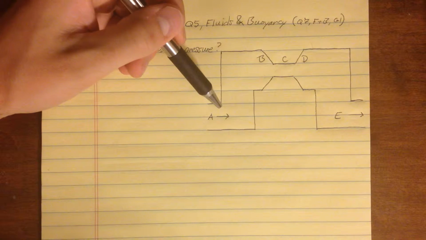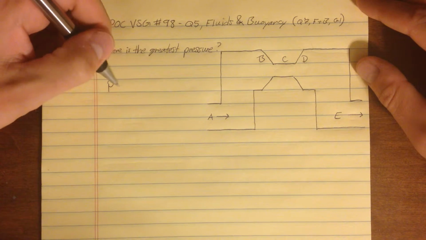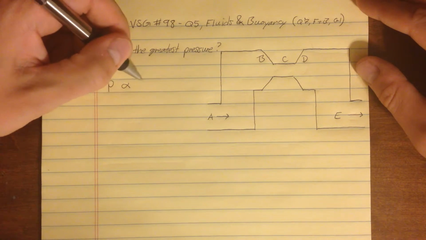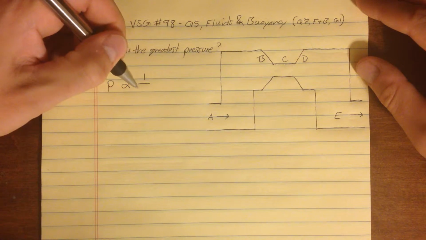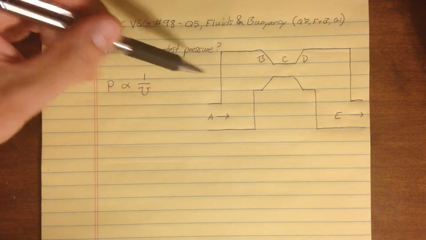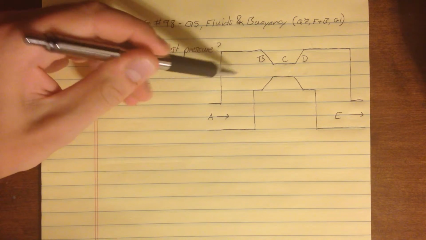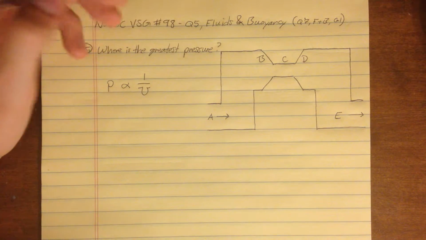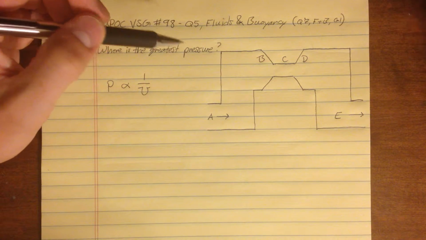The pressure is inversely proportional to the velocity. So in wide areas of the pipe, the fluid moves rather slowly, and the pressure is very high.